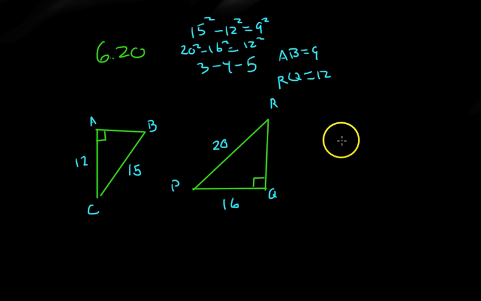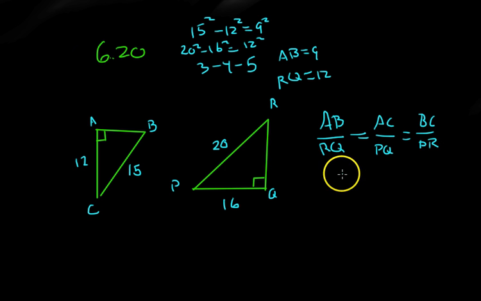Now, since they're similar triangles, you look at the two triangles and see which sides match up. So AB over RQ is equal to AC over PQ, which is equal to BC over PR.